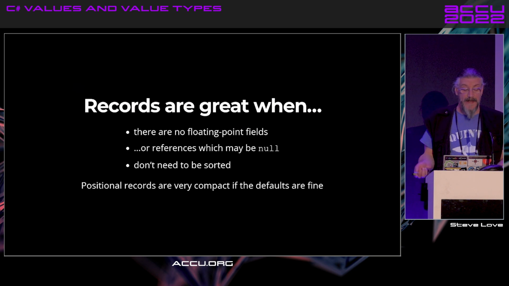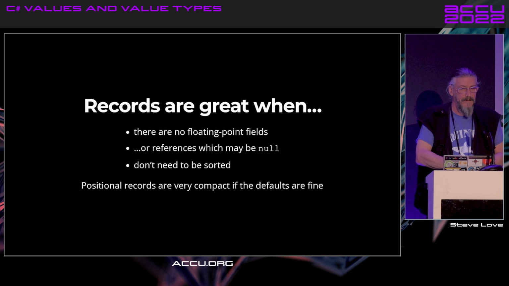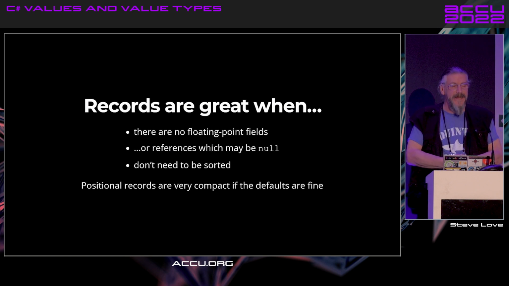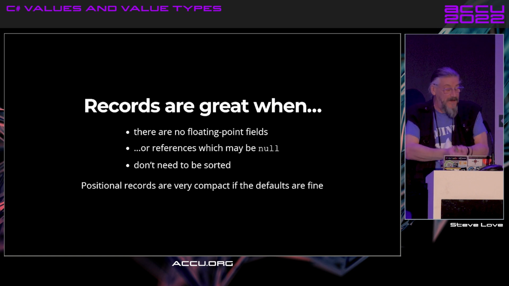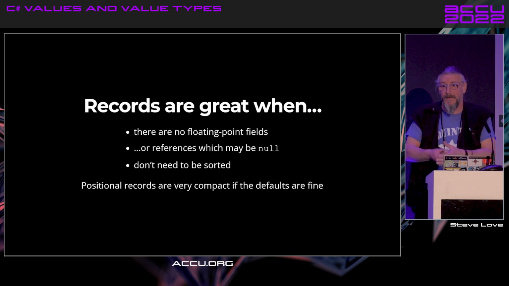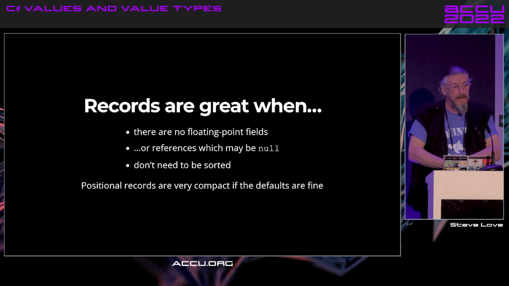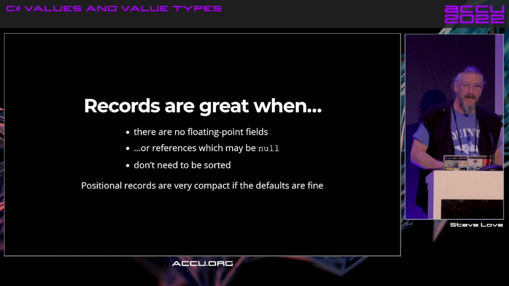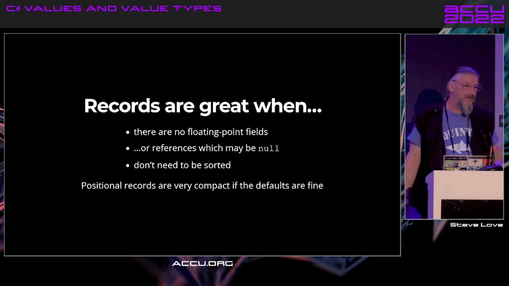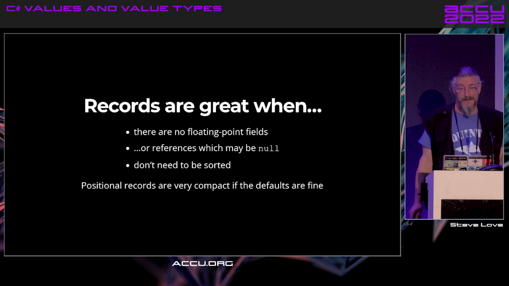So records are great, I think, a great way of defining the perfect anemic type. There is behavior, but it's nice to implement ourselves occasionally. But if we need to override all of those compiler-generated things, then we may as well just use a struct or a class.